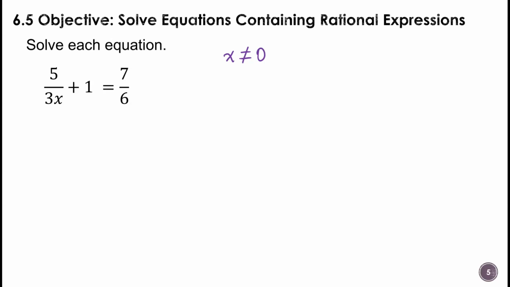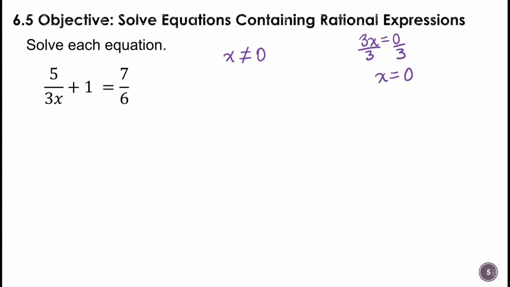Remember, you can set your denominators equal to 0 to determine this. So you could say 3x equals 0, you're solving, and you get x equals 0. That is the one value that cannot be a solution to this equation.